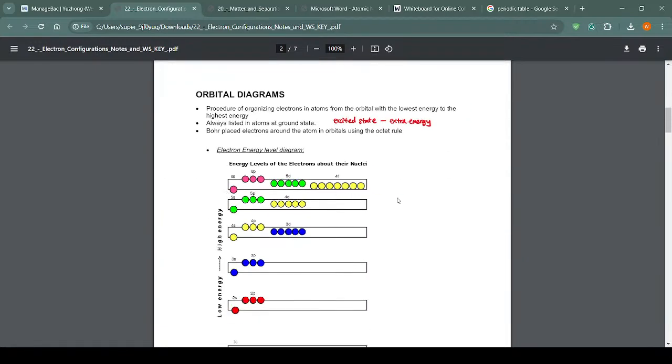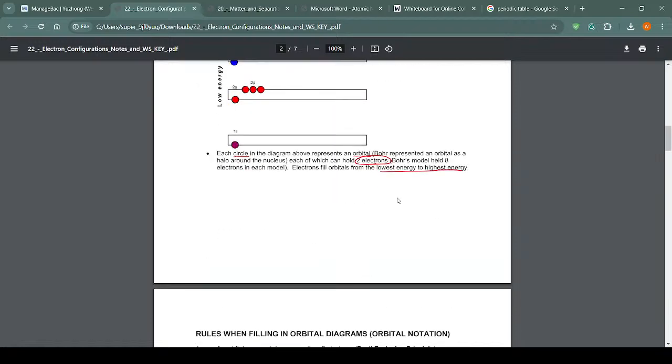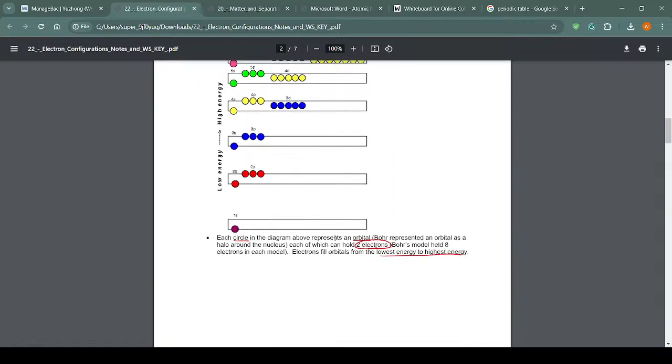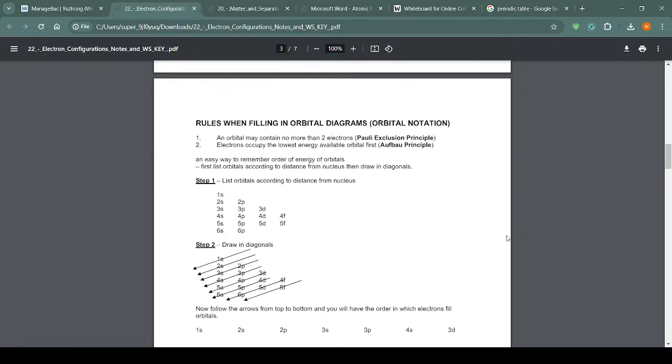Orbital diagrams. Yeah. Circular diagram represents an orbital, each of which can hold 2 electrons. Rules when filling in orbital diagrams. An orbital may contain no more than 2 electrons. Electrons occupy the lowest energy available orbital first. Remember, order of energy. List orbitals according to the distance, draw in diagonals.